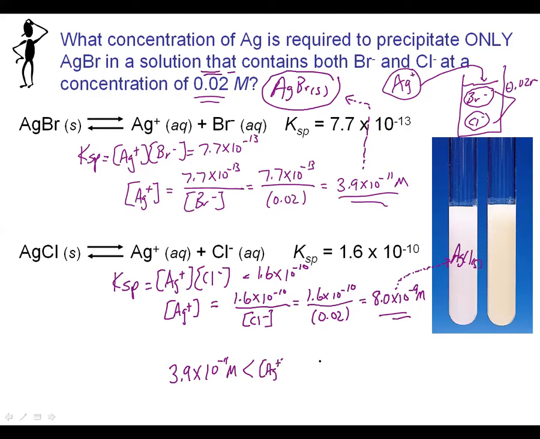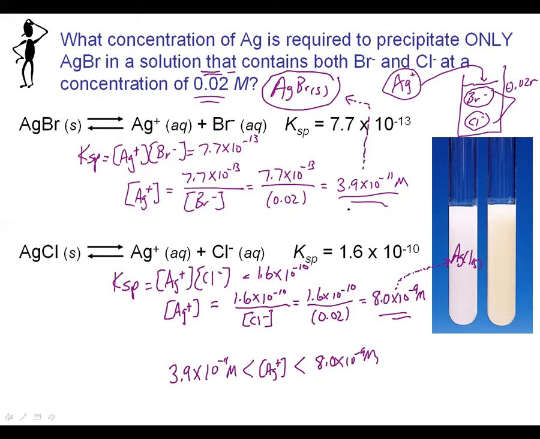But we need one that is less than 8.0 times 10 to the minus 9 molar. And what that will do is allow us to precipitate out the bromide and leave the chloride in the solution. Any questions on that?